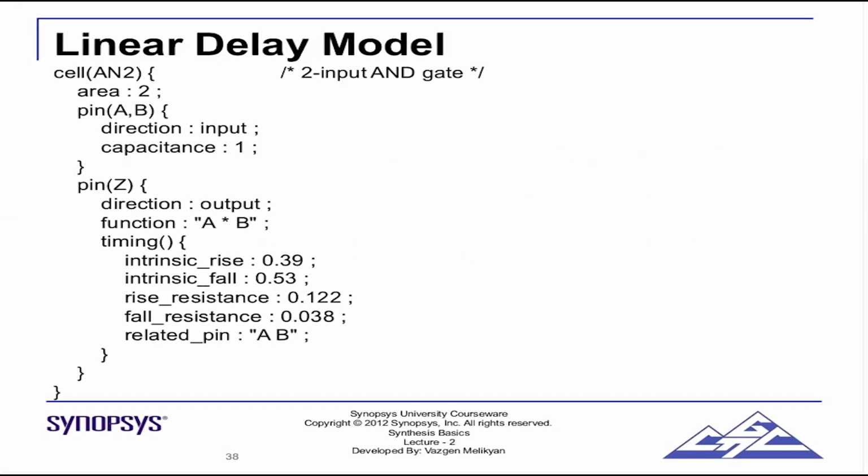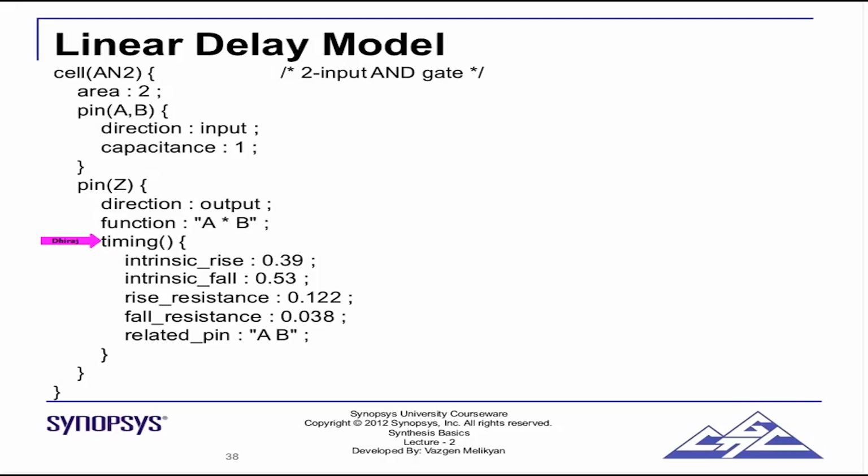Now let's look at linear delay model. We again go back to the 2 input AND gate. Now we see a few values here. We see intrinsic rise, we see intrinsic fall. This tells us that there is a rise delay on Z. Timing is represented by a timing construct here.